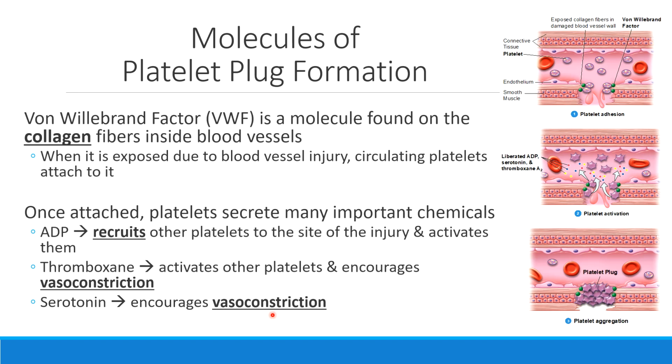So, platelet plug. This is what I do to literally plug the hole in the blood vessel wall. What makes my platelets first start coming over? Von Willebrand factor. Once those platelets are there, they're going to spit out ADP to get other platelets to come, and they'll use that same chemical as well as thromboxane to activate those platelets.